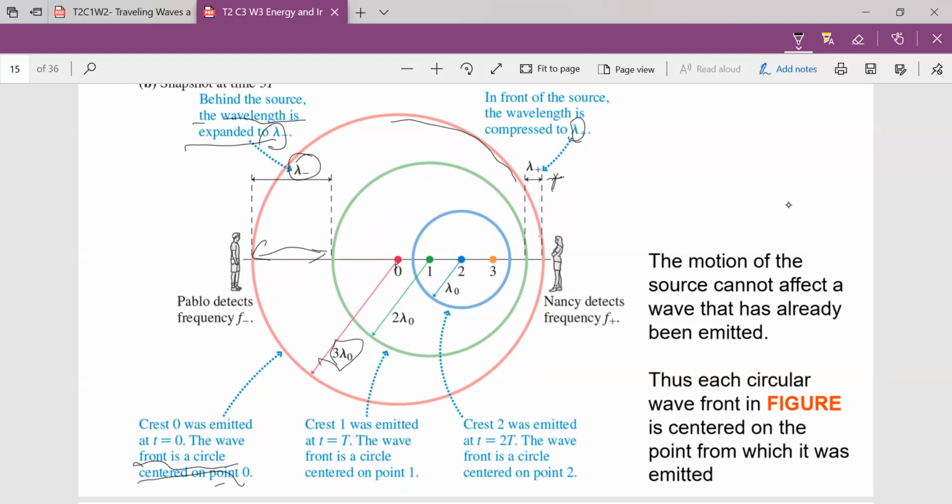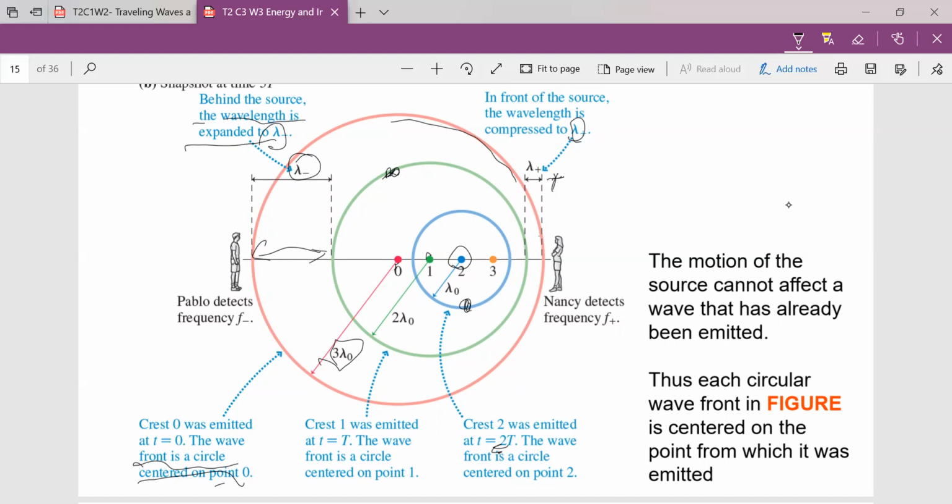At crest 1, the green dot, tallying with the green circle, we see that it was emitted at time T, and the wavefront is a circle centered at point 1. Same goes for 2T, the blue line, with the center at point 2.